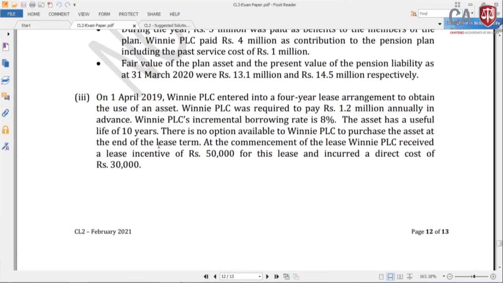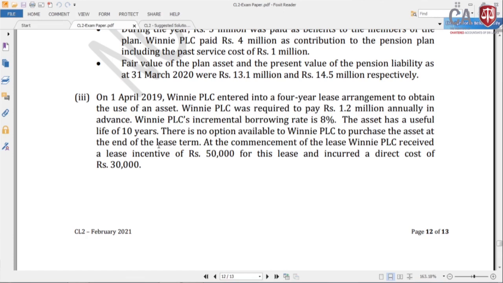Before you assess the impact, you need to calculate the value of the lease liability and the right of use of the asset. We will first calculate lease liability. To calculate the lease liability, what will you do?